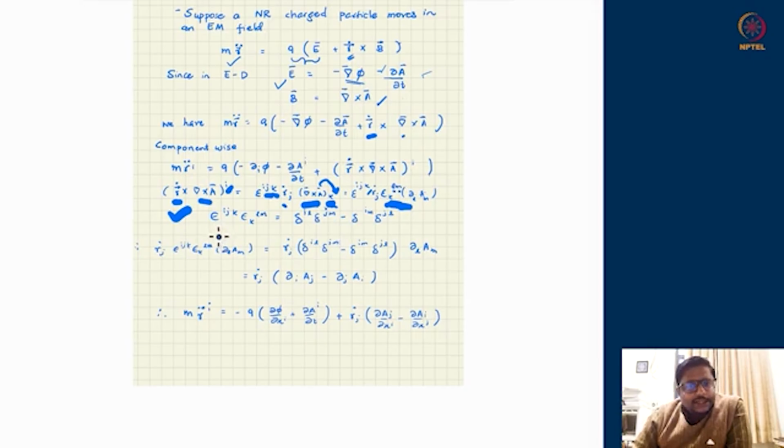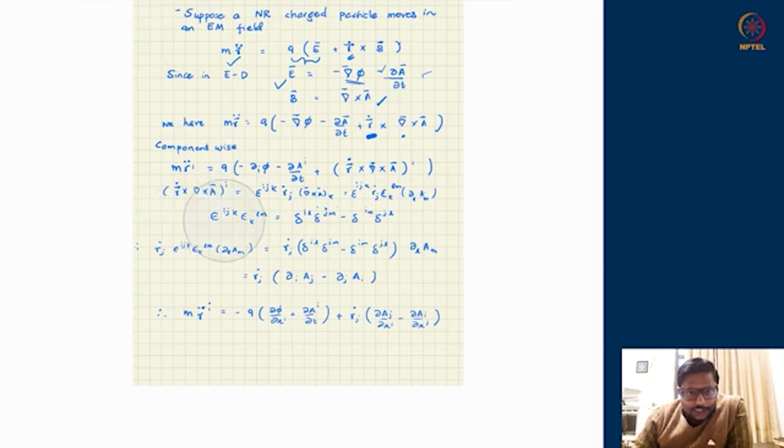And there is an identity about the Levi-Civita tensors, one index contraction, epsilon ijk, epsilon KLM, something which has appeared in our cross product. Let me clean it up so that we can see it with clarity.